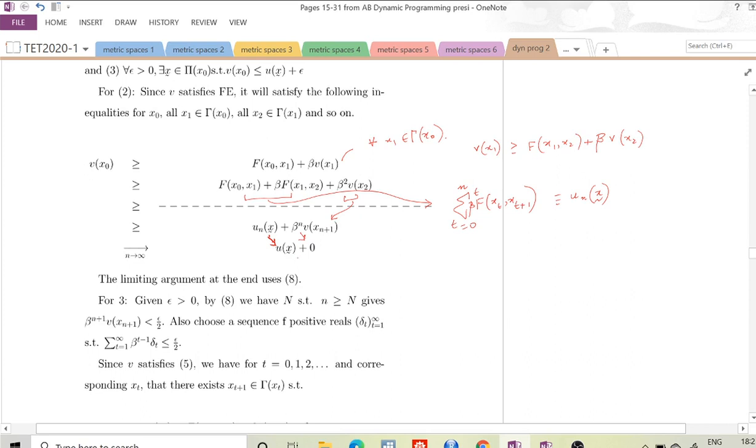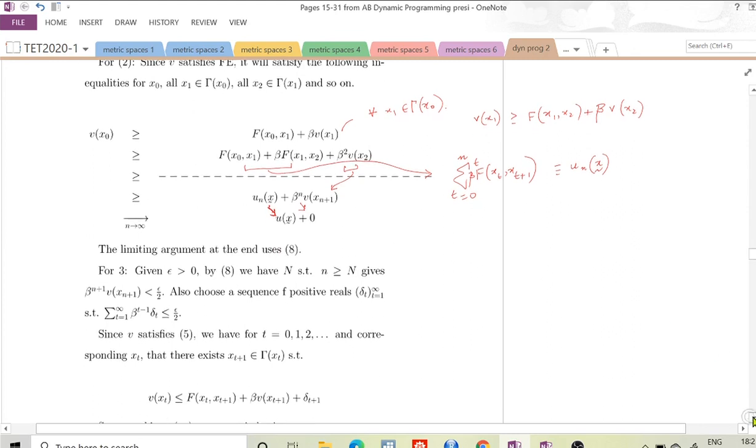for V to be equal to V star in the sequences problem, right? The second requirement is to show that V of x naught is an adherent point.